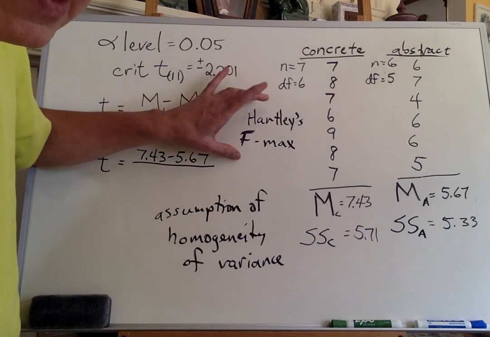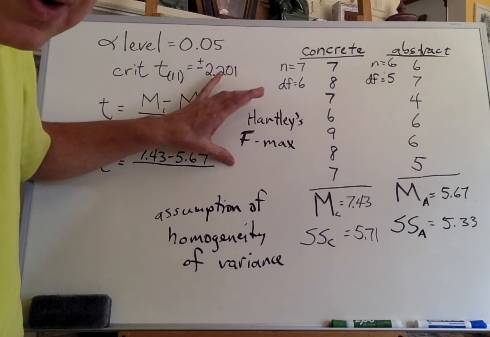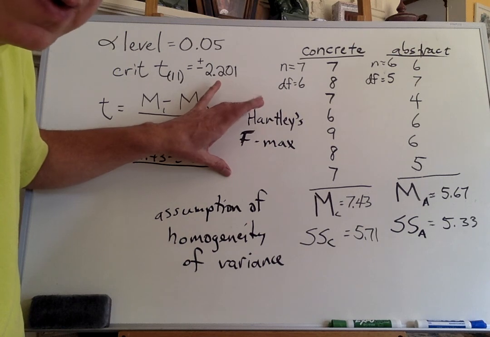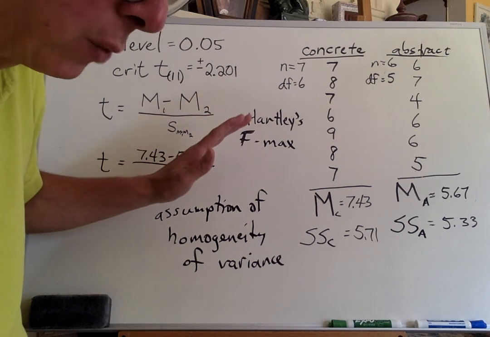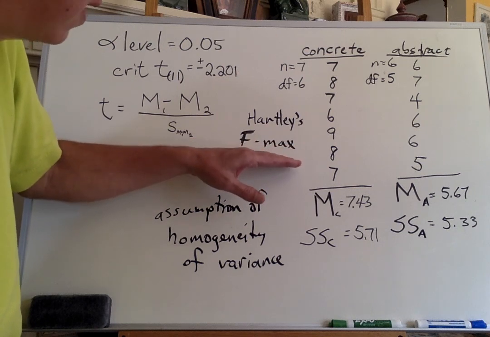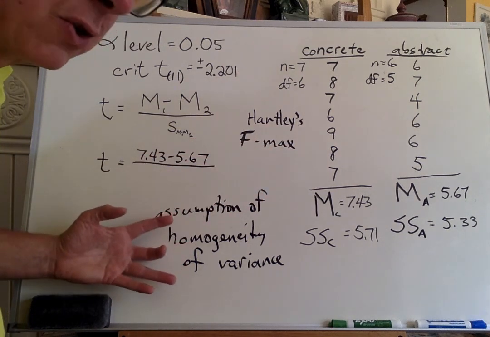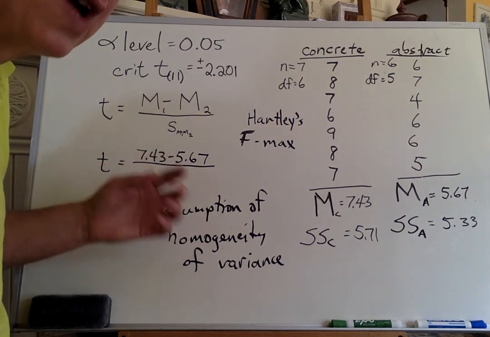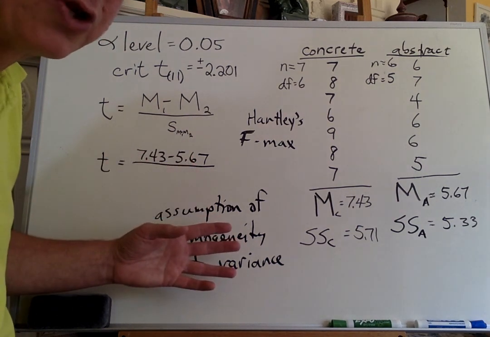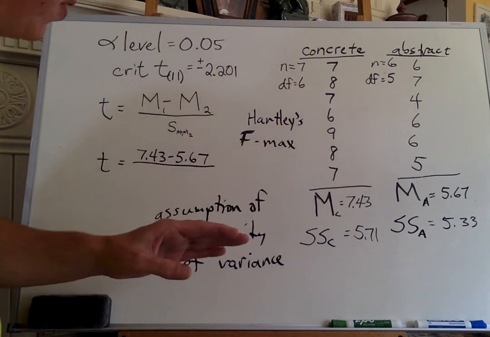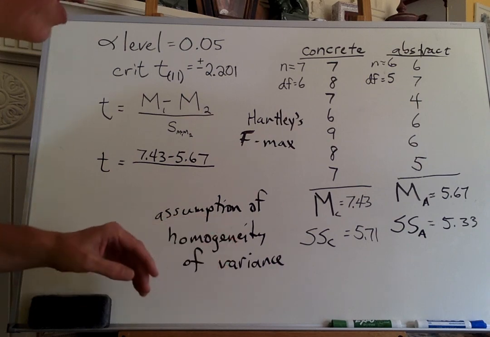I can apply this test. We're not going to do this, but I want you to know what this is for. Everybody get it? Wink, wink. We're not going to do the test, but Hartley's F-max is a test that you use to see if there's homogeneity of variance. If you find that you don't have homogeneity of variance, then we can't do a t-test. For our purposes here, we're going to assume homogeneity of variance.